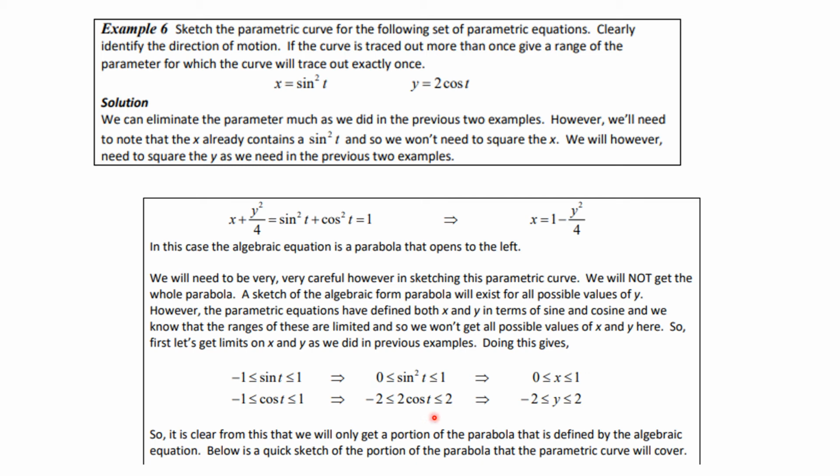Now, you don't have that problem with y, but this is the range. So these are the only values we get. So it will not trace the entire parabola. It's clear from this that we'll only get a portion of the parabola that is defined by that equation. So let's look at that part. So x runs from 0 to 1, and y goes from -2 to 2.